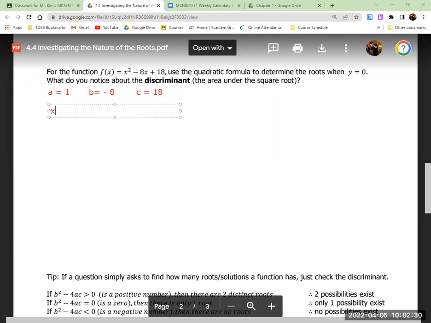Let's see, x is going to equal negative b plus minus square root of b squared minus 4 times a times c, all over 2 times a. So there's a line here, it's a fraction. There is a plus or minus here. There's a square here. Square root there.